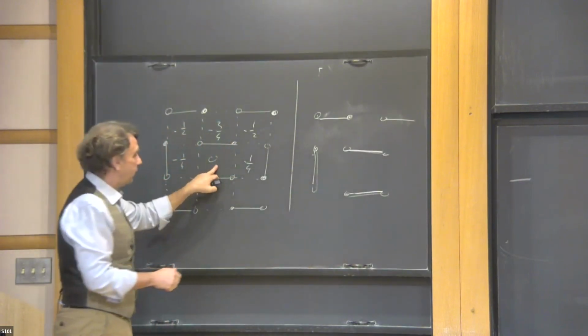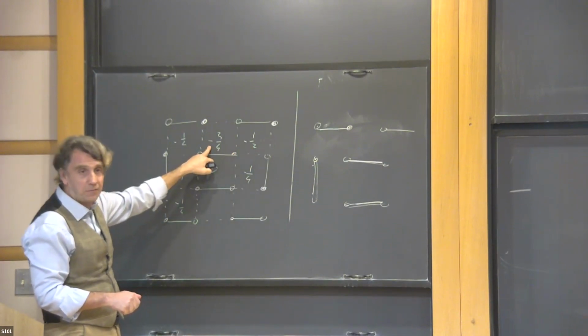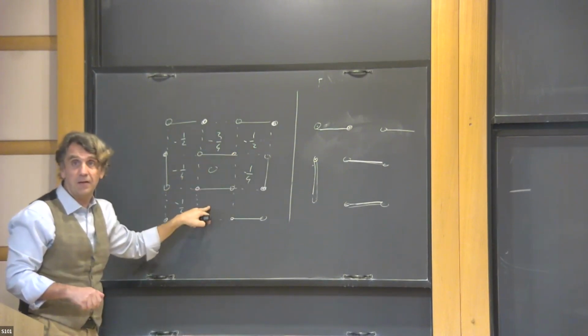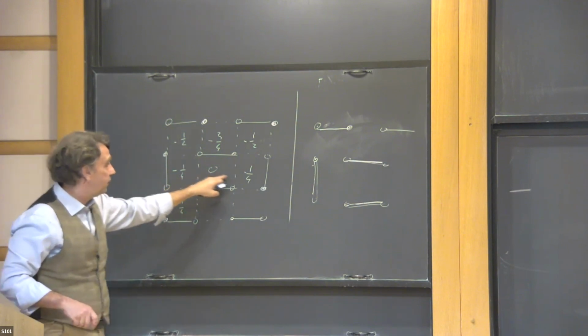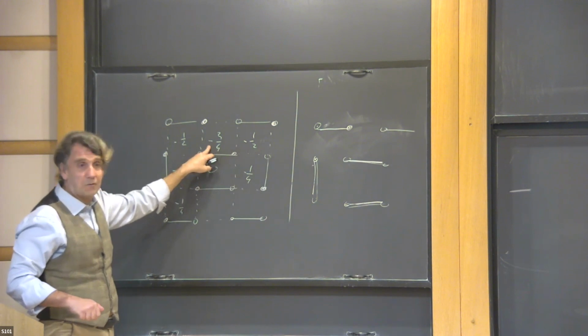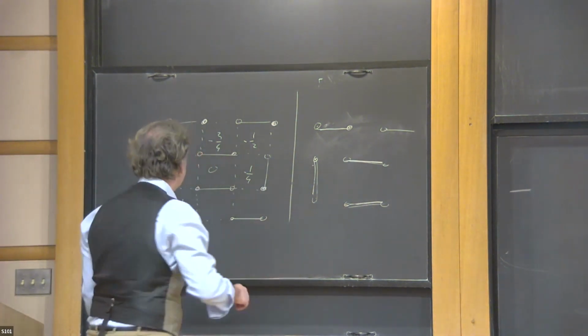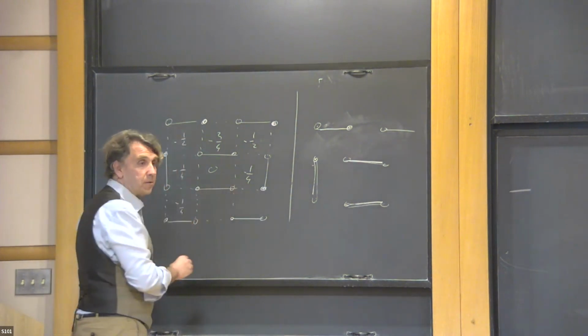So for instance, 0, minus 1 over 4, minus 1 over 2, minus 3 over 4. I don't know if you can see this. So this is the definition here. You have to sum, for instance, if you go. I didn't understand what the chi is. Just a second.